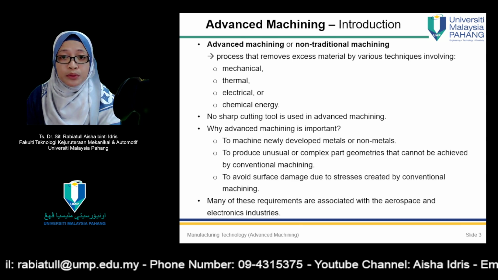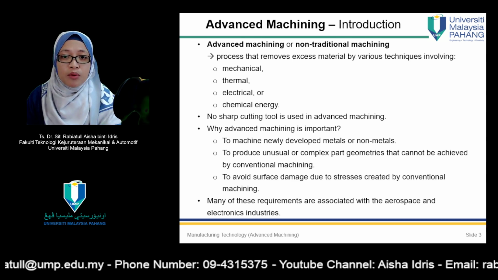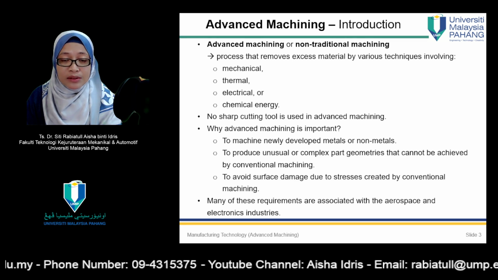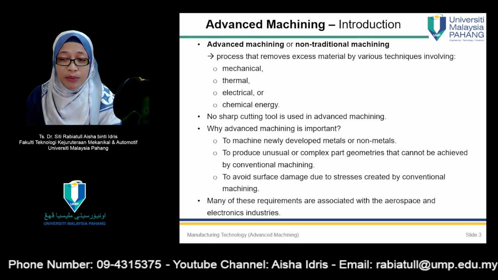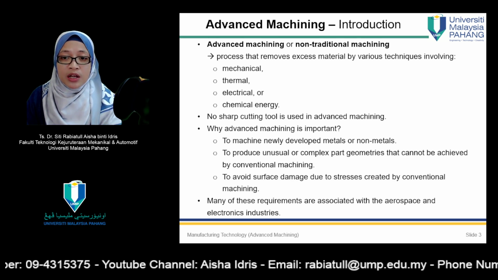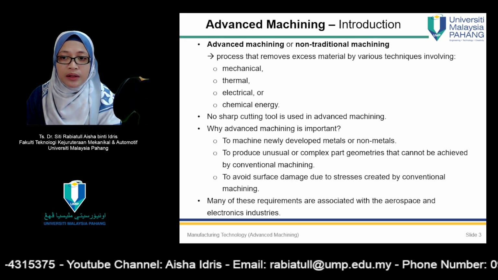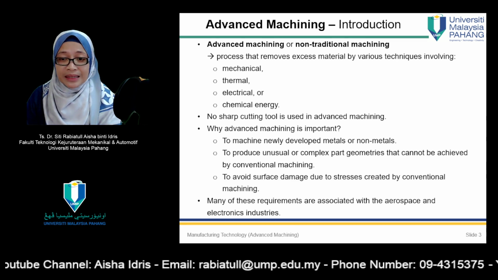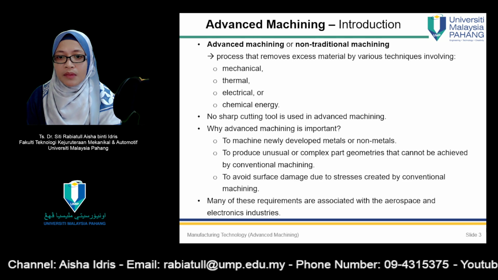Number four is chemical. Most materials are susceptible to chemical attack by certain acids or other agents. In chemical machining, chemicals selectively remove material from portions of the work part, whereas other portions of the work surface are protected by a mask.